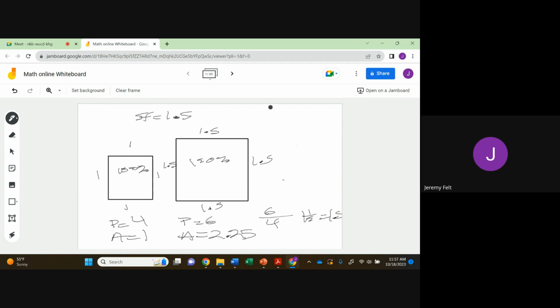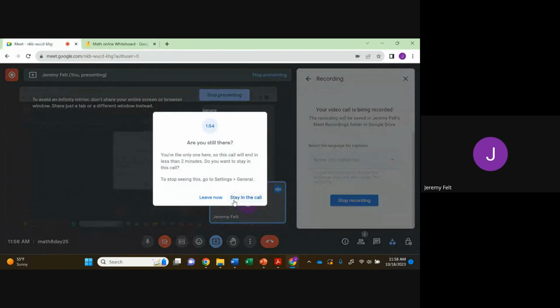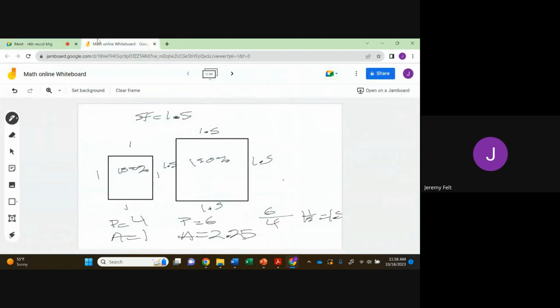So 2.25, if we want to convert that back to a percent, the area of this one was 150%, and the area of this one is now going to be 225%. So again, 2.25 is how much larger the area is. If we want to keep that in terms of percentage, now it's 225%.